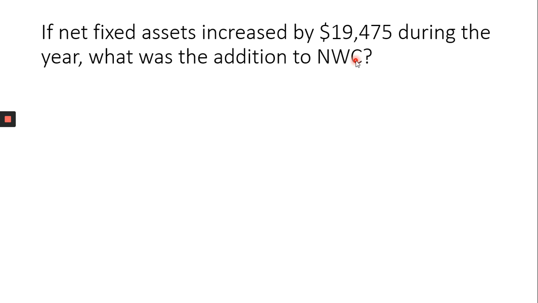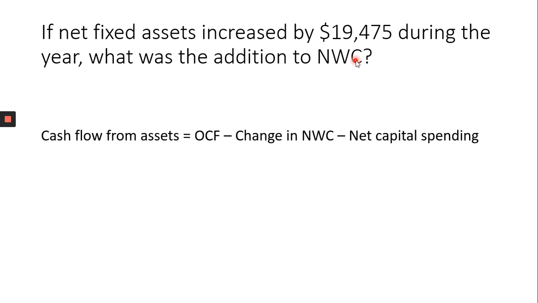So it's also very simple. The equation for this is that cash flows from asset is equal to OCF, operating cash flows, minus the changes in NWC minus the net capital spending.